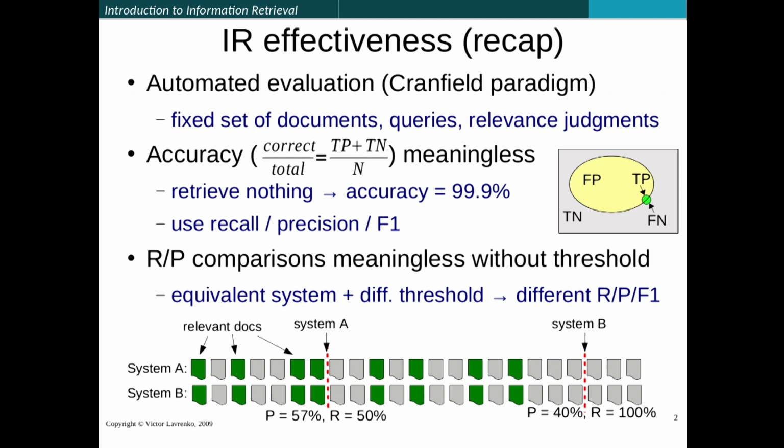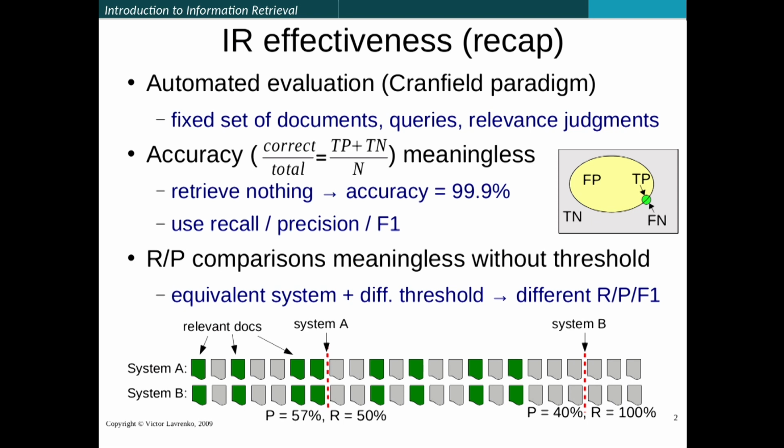In this case, we want to define a threshold. This threshold clearly can move. The dark green documents are the relevant ones.